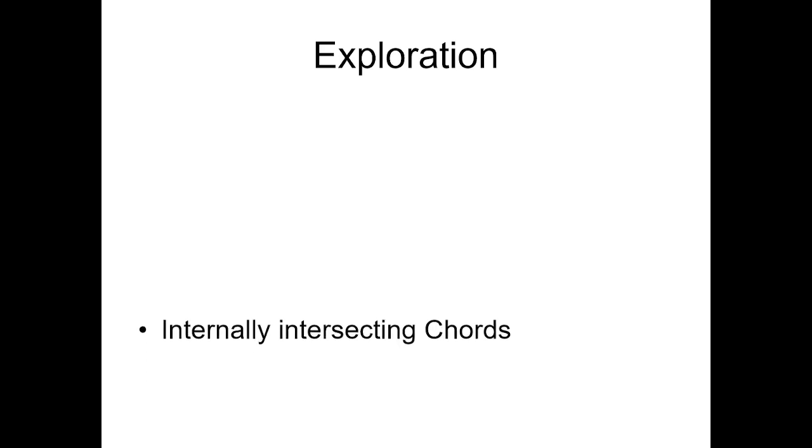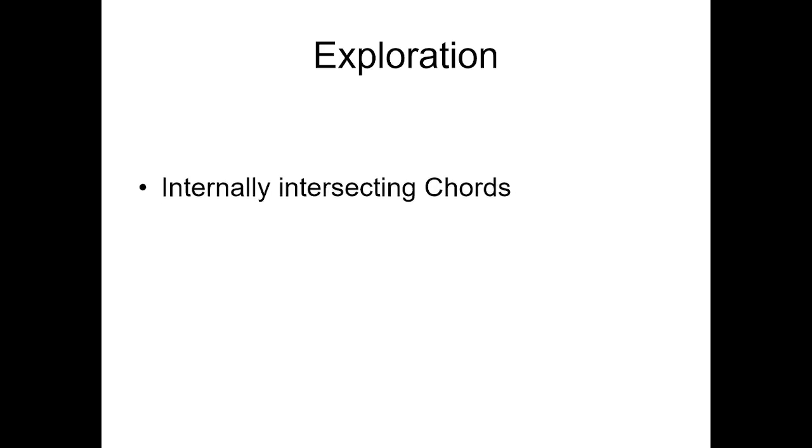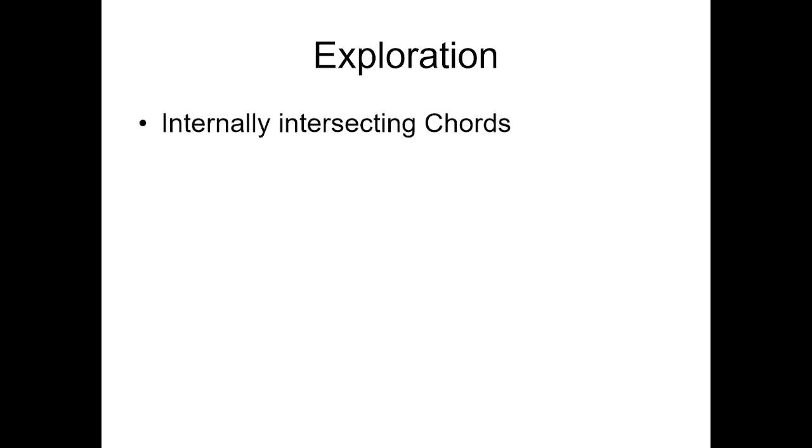Now let's see the objective of this day. We are going to do exploration, and the first thing we are going to determine is the characteristics of internally intersecting chords, and secondly we are going to check the externally intersecting chords, which we are going to call secants.